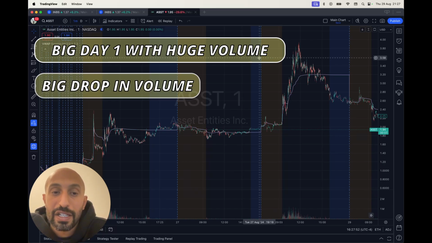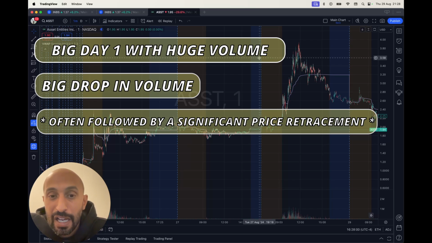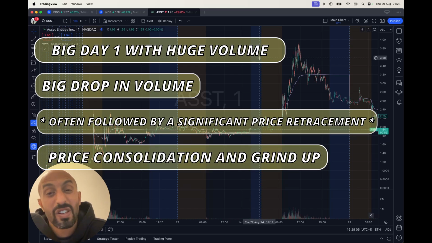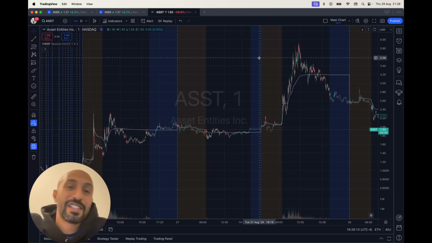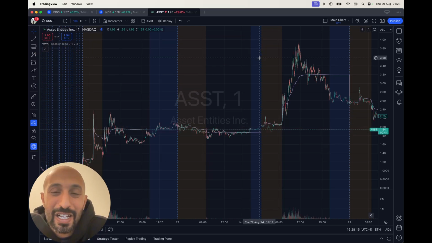This is what causes the liquidity trap, because the shorts who entered on day one can't get out. So we need that big drop off in volume. Then we see some sort of price consolidation, then a bit of a grind higher. Then we see shorts coming in to cover their positions. Cool. Hope that helps. Any questions, you can pop them in the comments. Cheers.